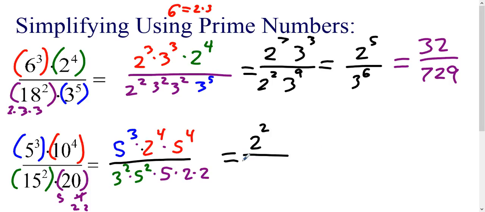Then your 3's, that's the only 3 in the entire problem, so it stays put. And then your 5's, you look to see how much is in the numerator and the denominator, and then you subtract. Numerator has 7, denominator has 3. So you subtract, there's more in the numerator, so that's where the answer goes. 7 minus 3 is 4.